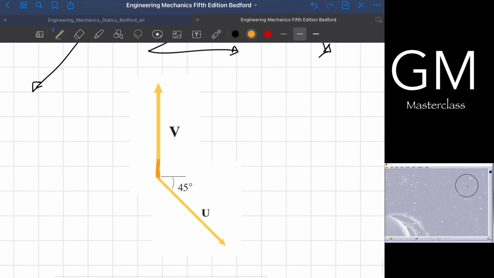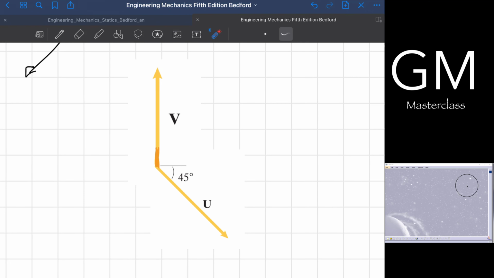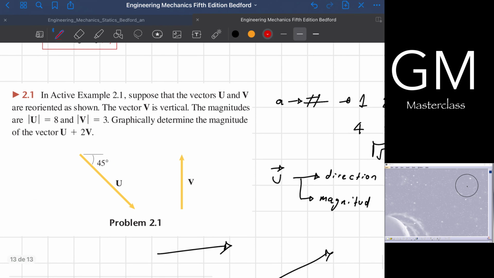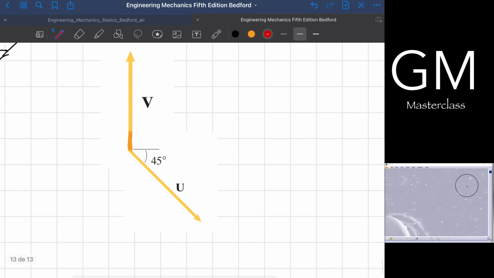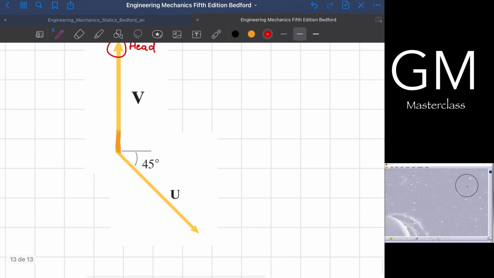Okay, the way for us to solve this exercise is pretty easy, and I wanna make this mistake because for those of you who know what I'm doing, I made a mistake here, but it is on purpose. For us to solve this exercise graphically, as the exercise is asking us, I have to put the head of the arrow and I'm going to call this part the tail.